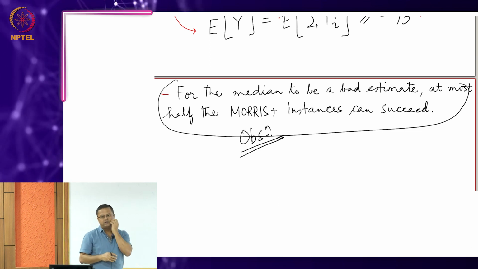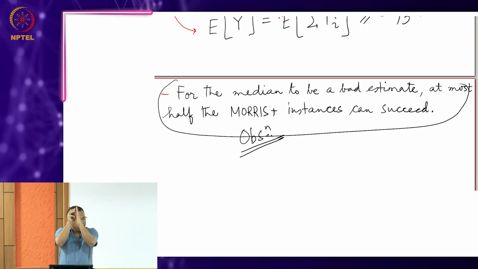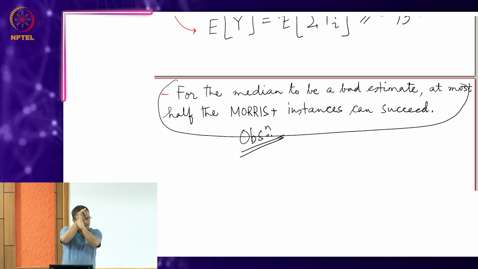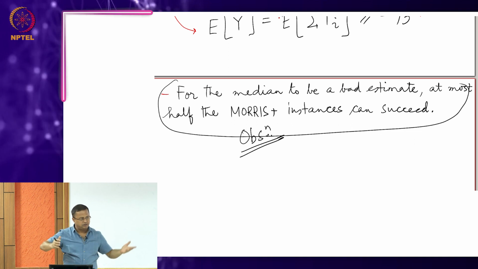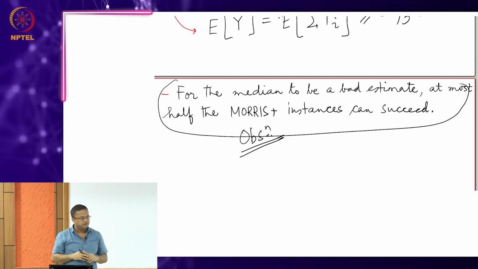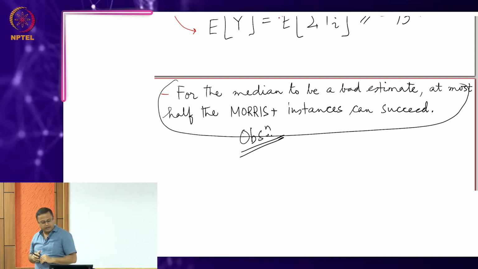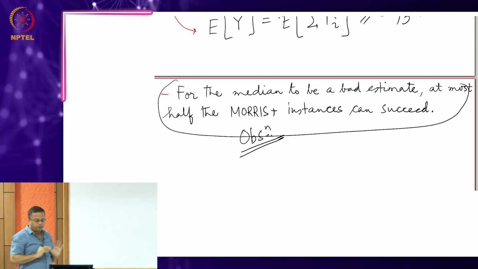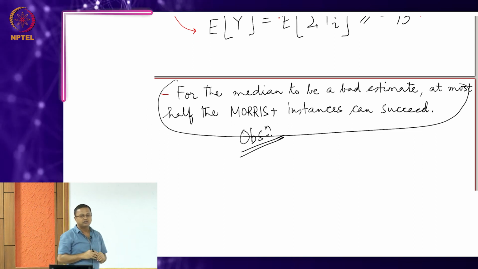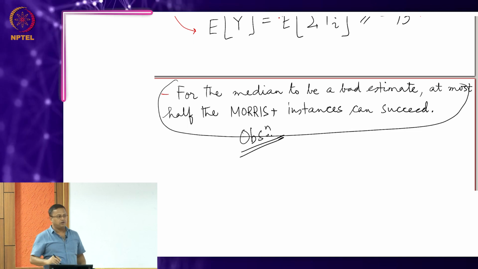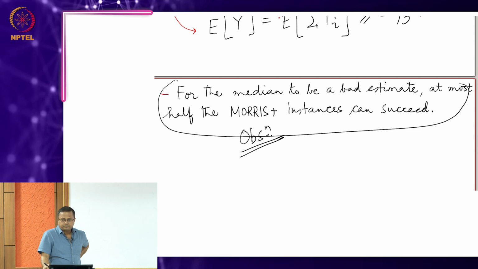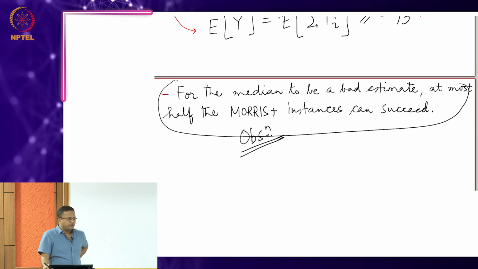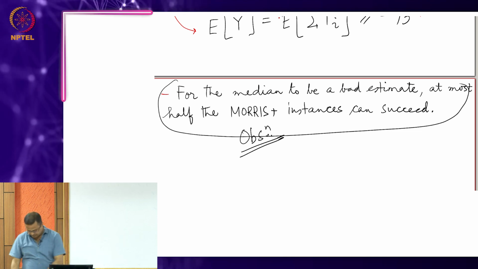Median is middlemost, right? So, if the median is bad, then whatever is less is also bad, right? So, for the median to be a bad estimate, at most half the Morris plus instances can only succeed, not more than that. So, you agree to this fact, right? Fine.